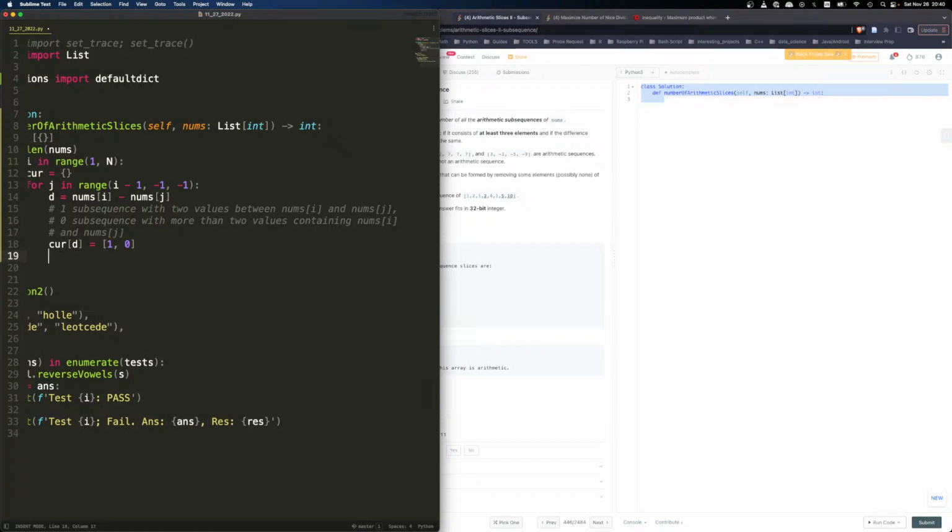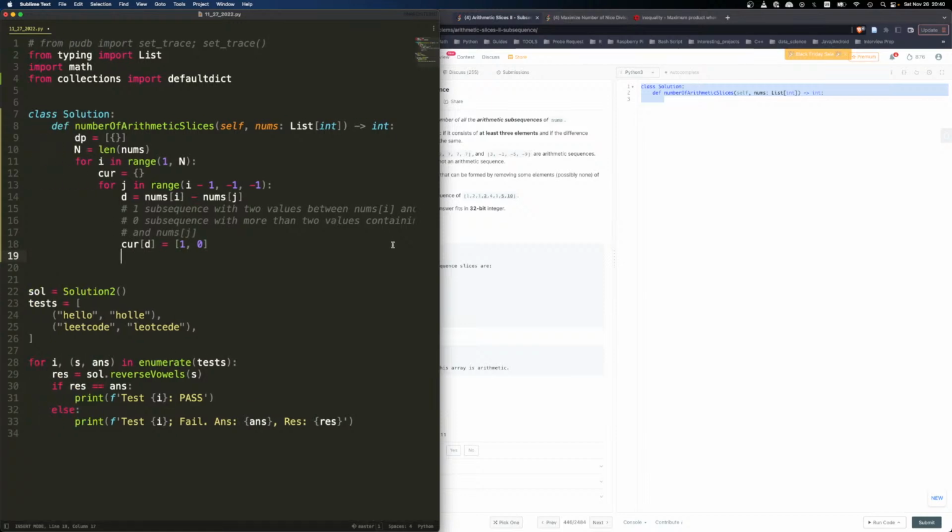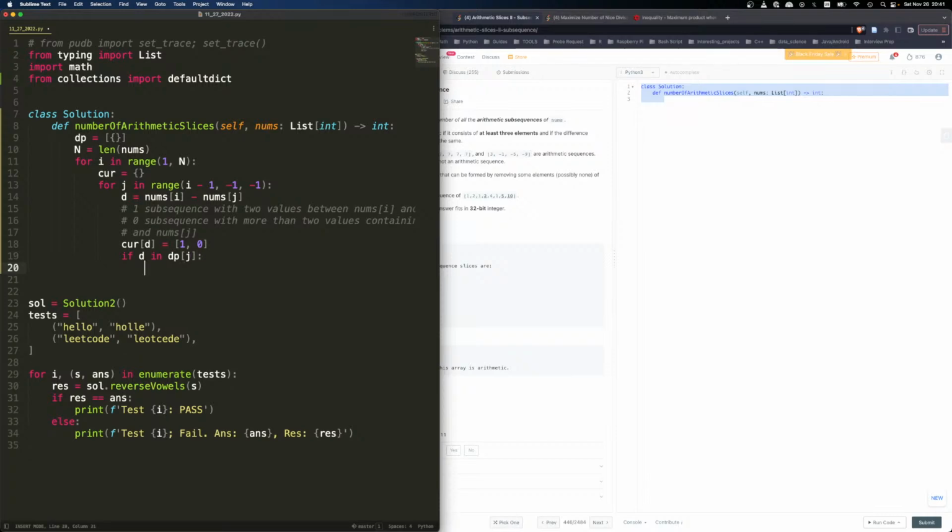Okay. All right. And then what we can do is look to, let's say, if d in dp j, then what we need to do is, from dpj, which is going to be an array as well, we have 2 and more than 2.